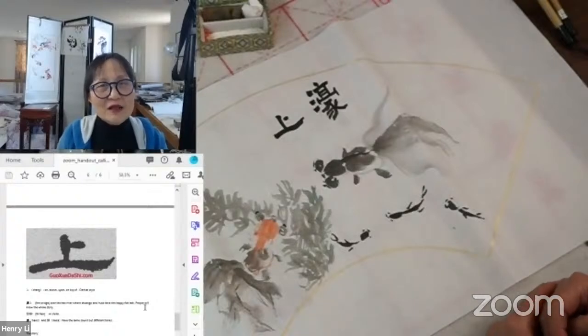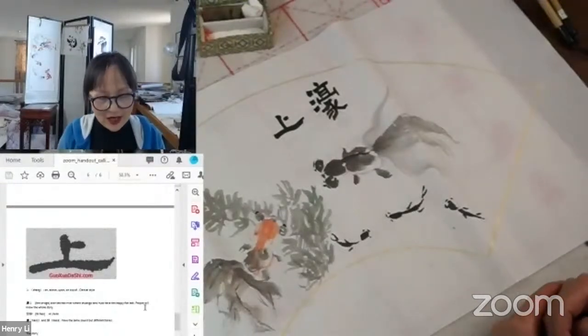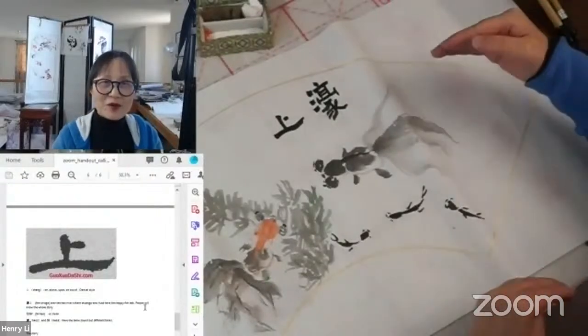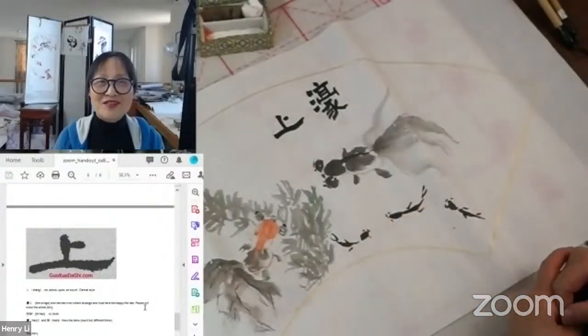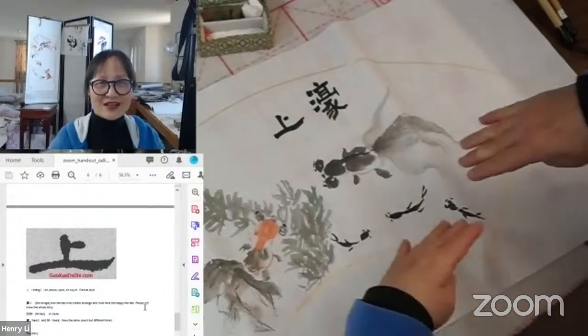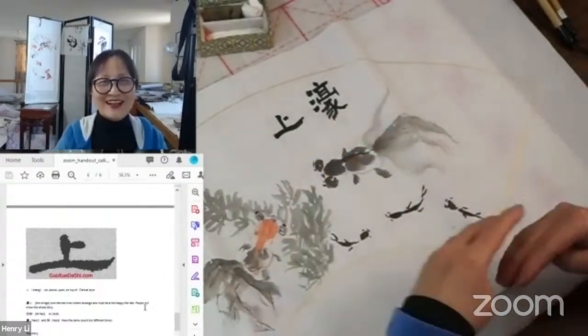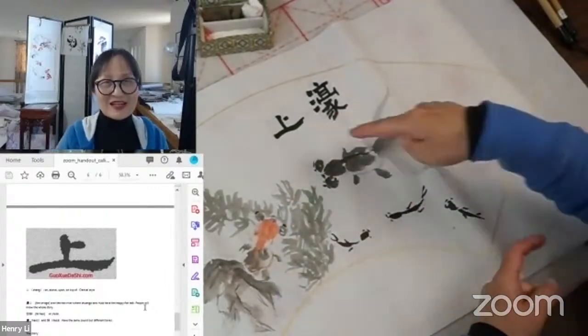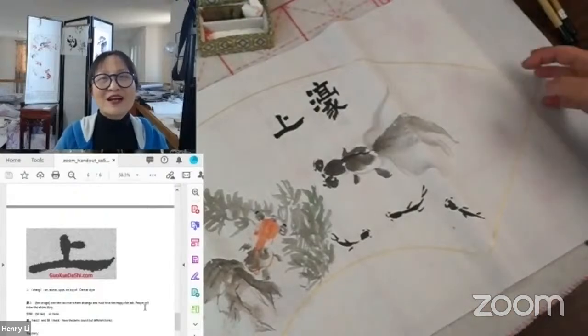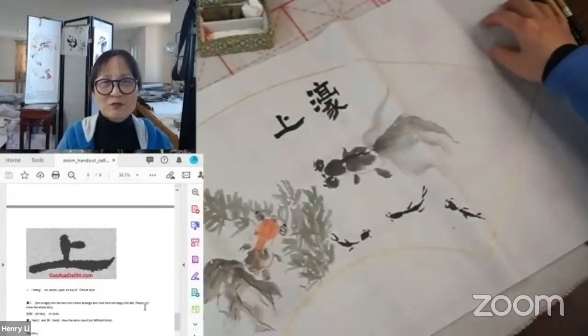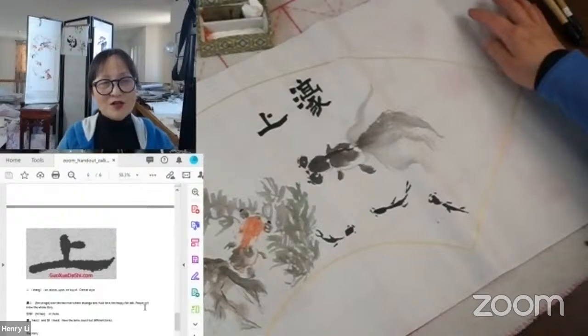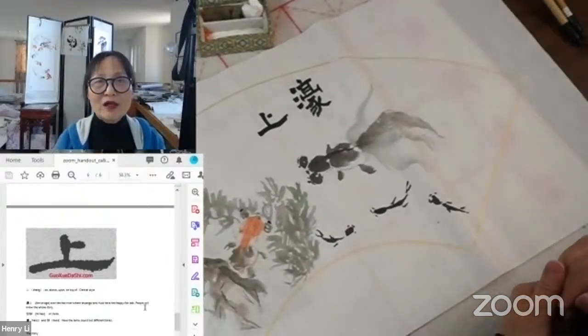Sometimes for happy fish painting, I probably use grass style, running style, or walking style, because the fish is happy and moving there. It depends. Match the painting. I think it matches the painting.